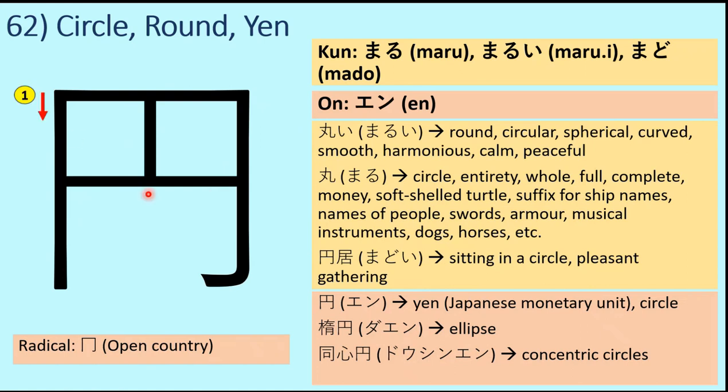The stroke order: this is the first stroke, this is the second stroke, this is the third stroke, and this is the fourth stroke. So in four strokes, this character will be written like this. So this symbol is very, very commonly used because this is used to represent the currency in Japanese language.